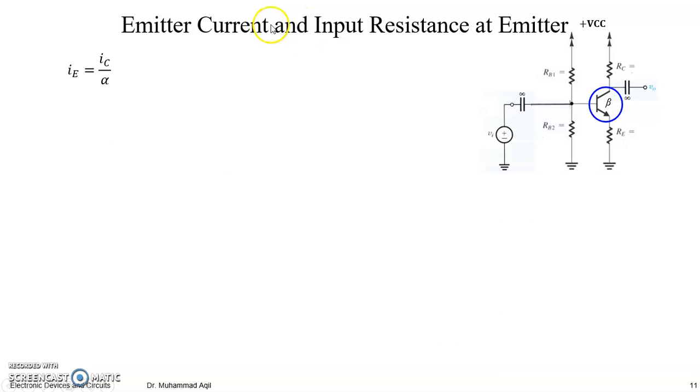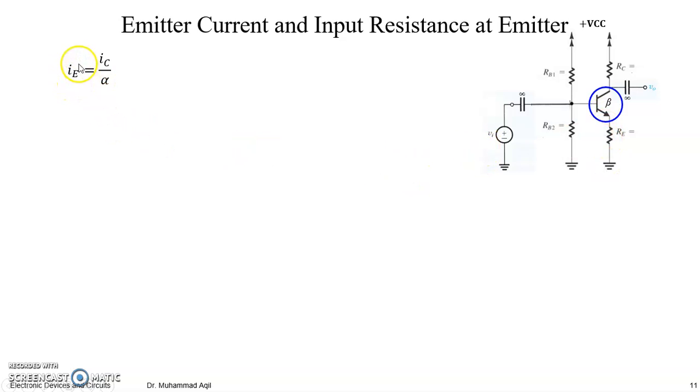So let's go further. The emitter current and the input resistance at the emitter. We have a small signal model of this transistor. Previously we looked into the base and saw how it is taking the current and having voltages. So now let's see what we can see if we look into the emitter.